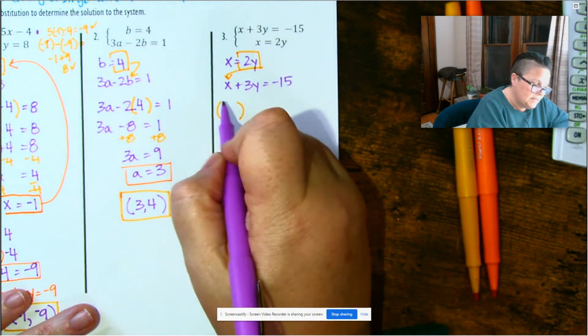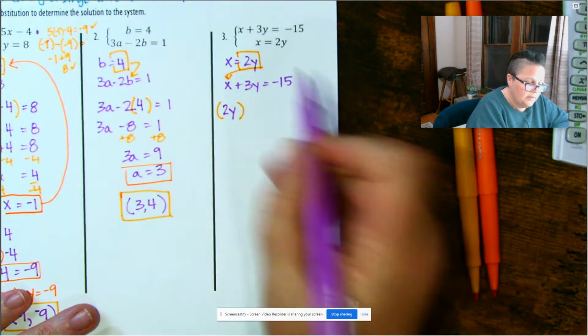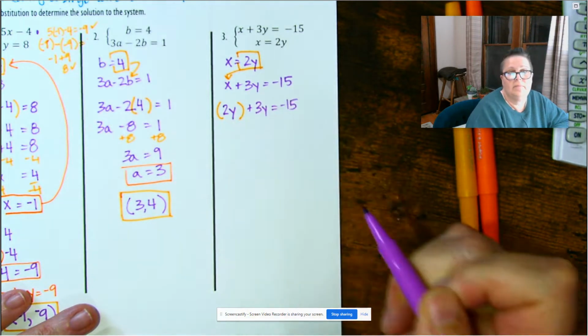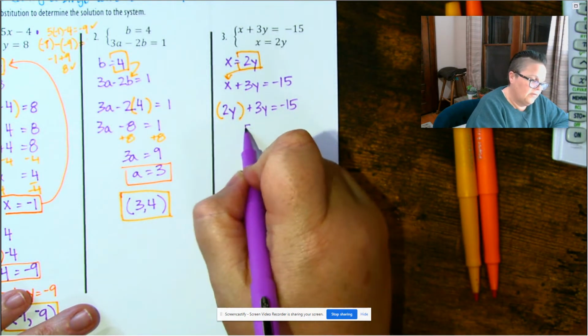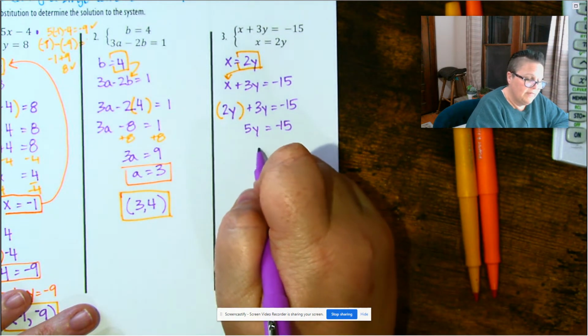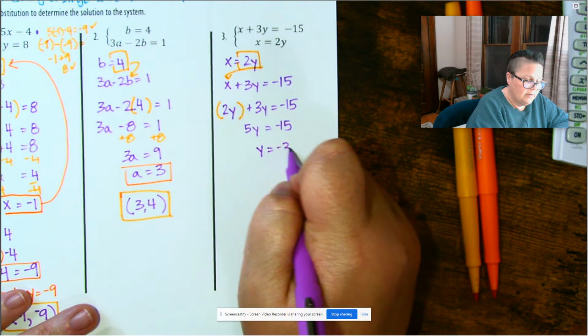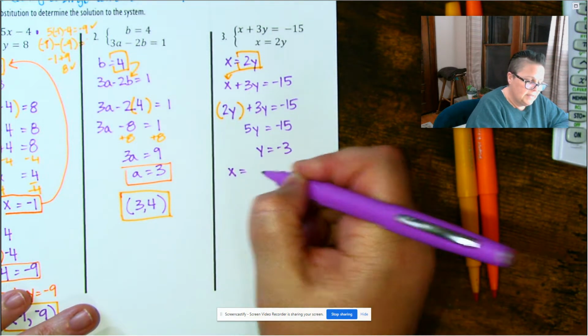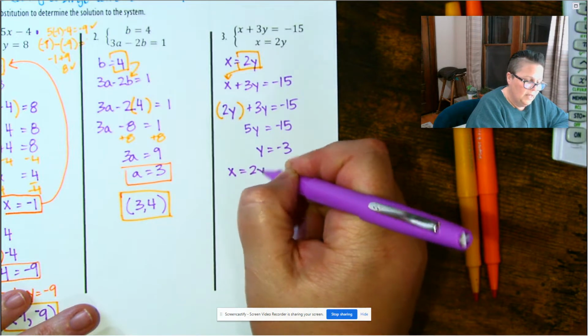Using parentheses to make sure, I have 2y plus 3y is a negative 15. That's 5y is a negative 15. Dividing both sides by 5, I have y is a negative 3. I know x is the same as 2 y's.